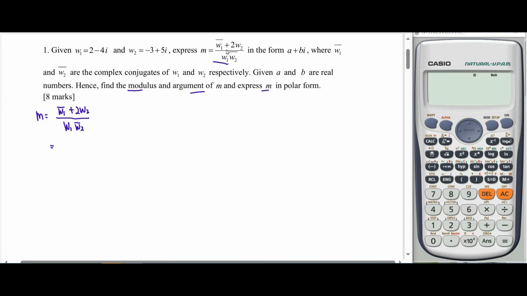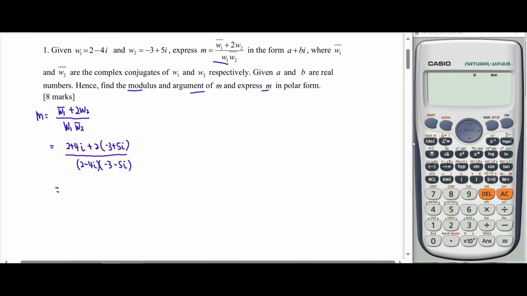The first one will be 2 plus 4i, then plus 2 times the complex number 2, negative 3 plus 5i. Then over the first complex number 2 minus 4i, and then times the conjugate of the second complex number, which is negative 3 minus 5i.